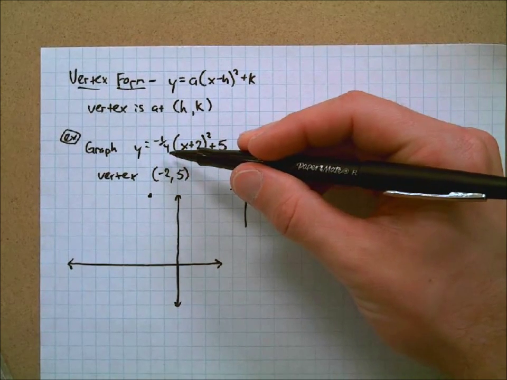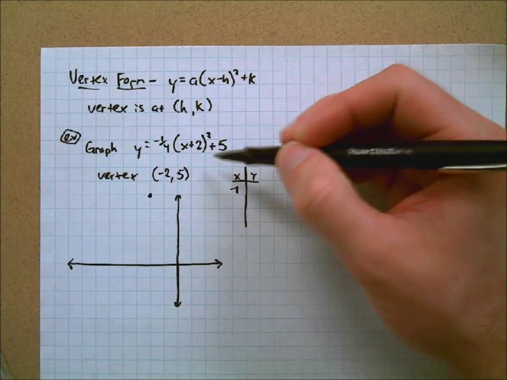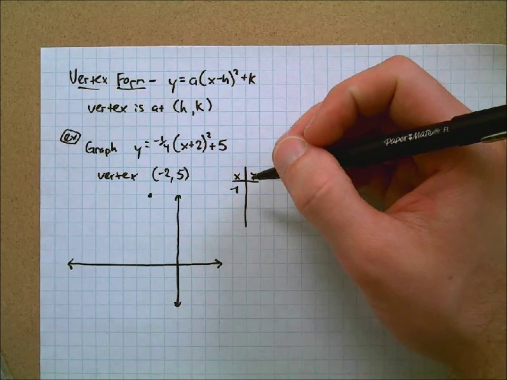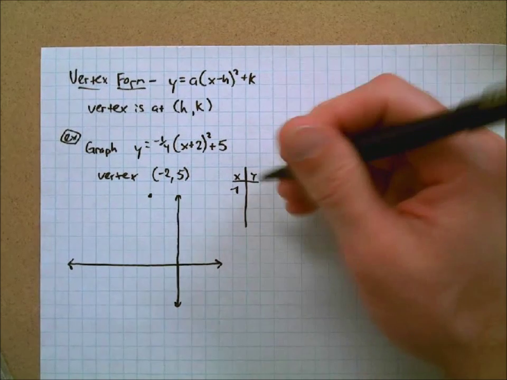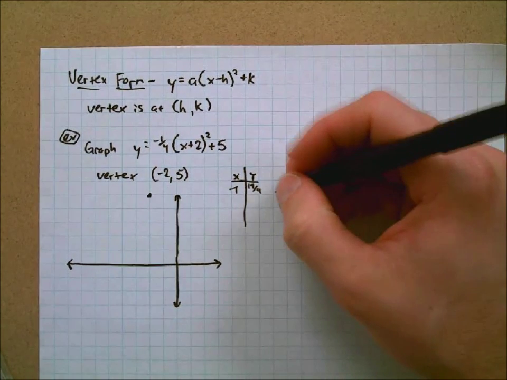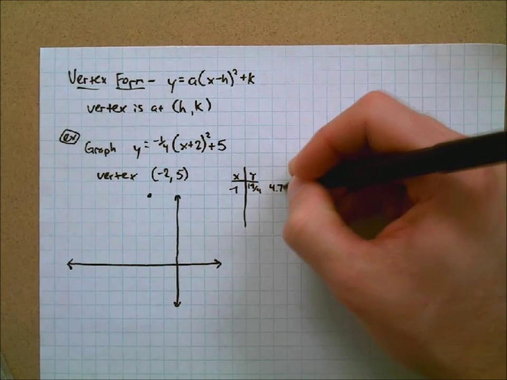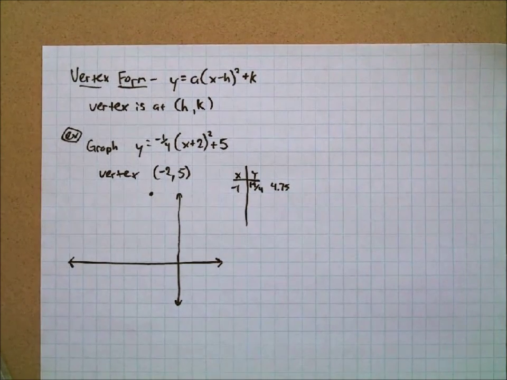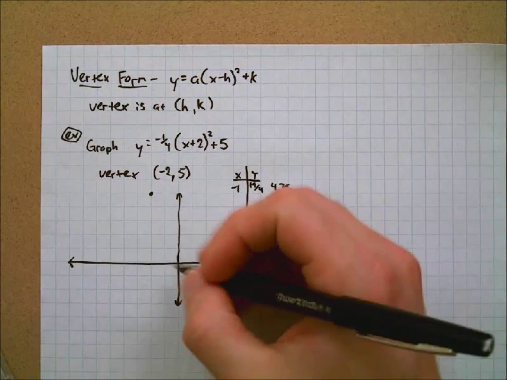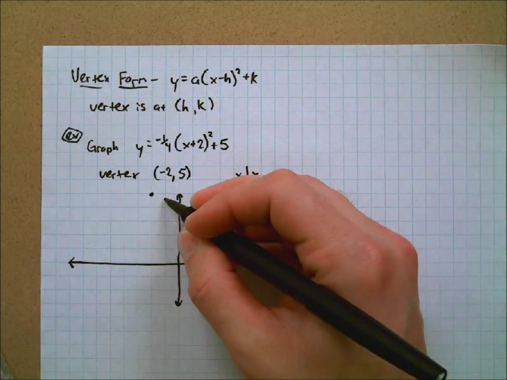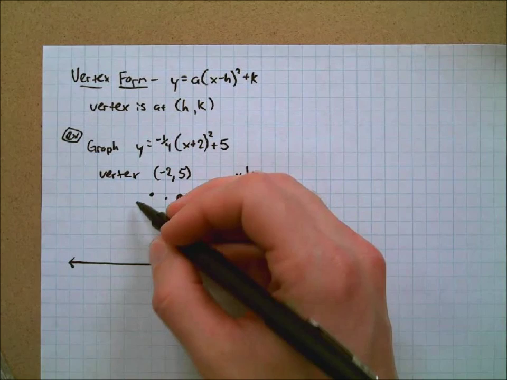Negative 1/4 plus 5, 19/4, or you could say 4.75. That might make it a little bit easier to estimate where that's going to be. So negative 1, and then 1, 2, 3, 4.75. There's halfway, there's 3/4, like right there. And then we'll just mirror that over to here as well.